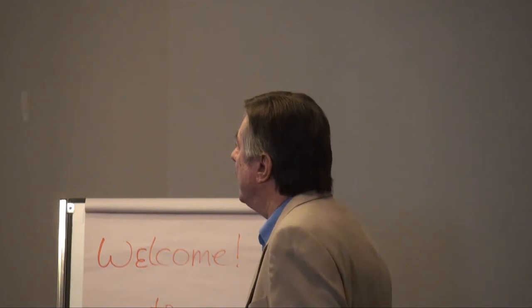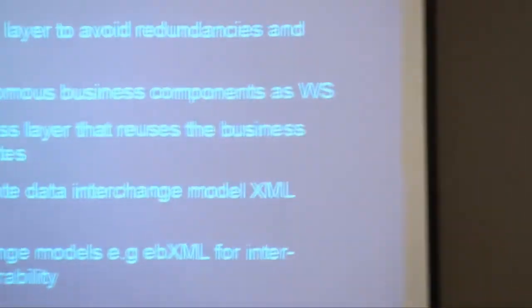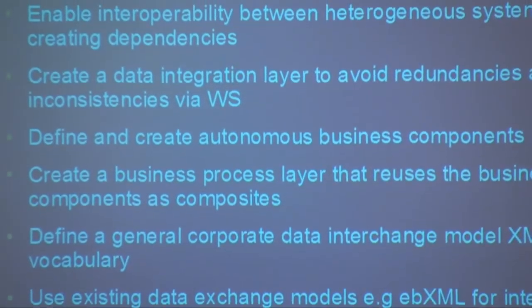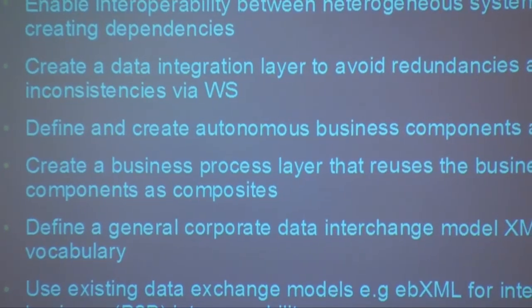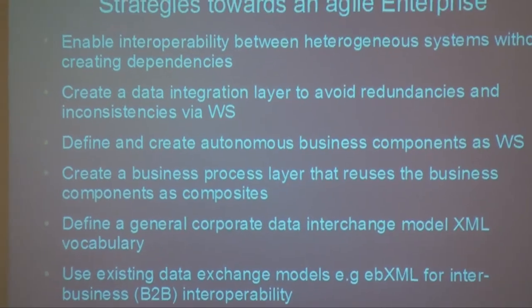So the strategies towards this Agile enterprise approach is, you have interoperability between heterogeneous systems without creating dependencies. You should create a data integration layer to avoid redundancies and inconsistencies via web service approach. I think I mentioned that before.